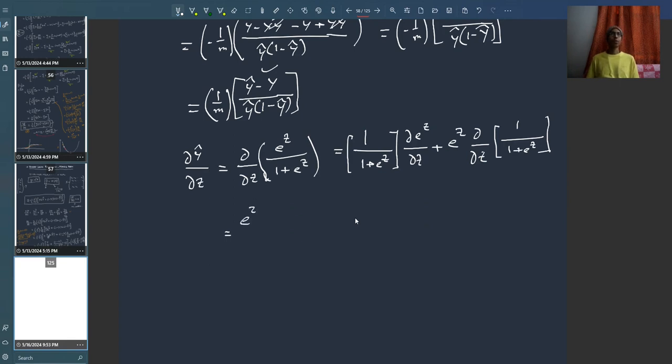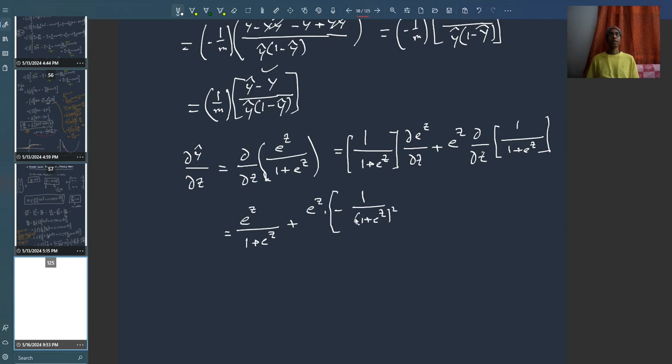So this is e to the power z by 1 plus e to the power z plus this becomes e to the power z into minus 1 by 1 plus e to the power z whole square.